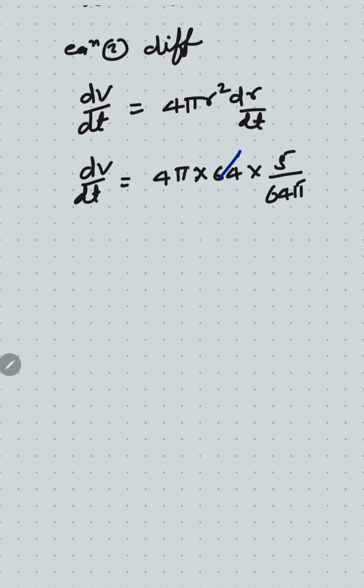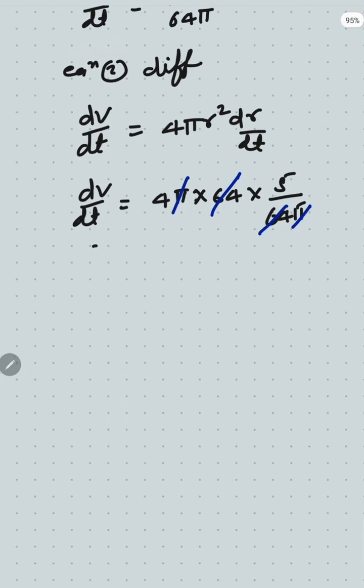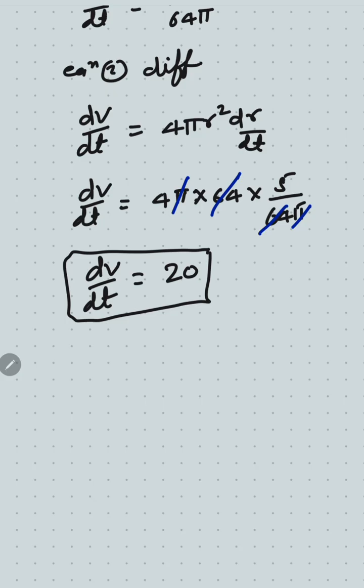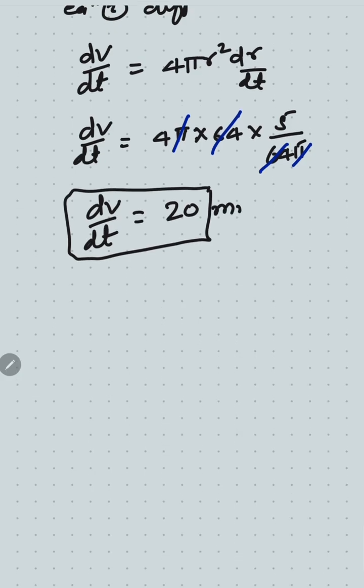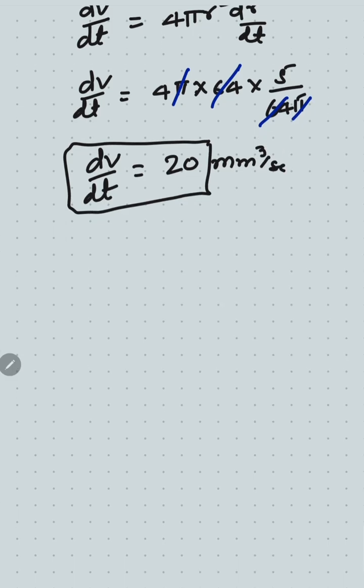It means 64 and 64 cancel, pi and pi cancel, then dV over dt is equal to 20 meter cube per second. That is the volume.